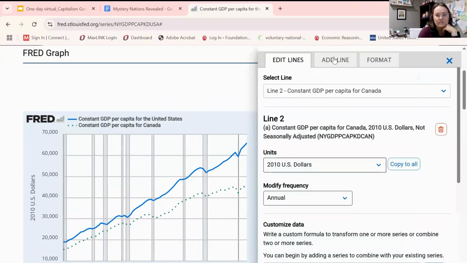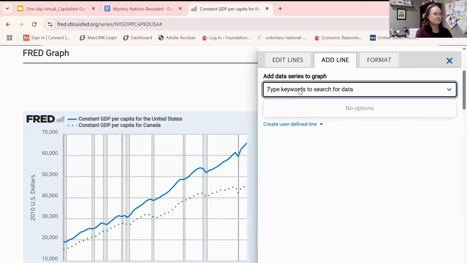And you can add in even more. Give me another country you want to add in. Ecuador.